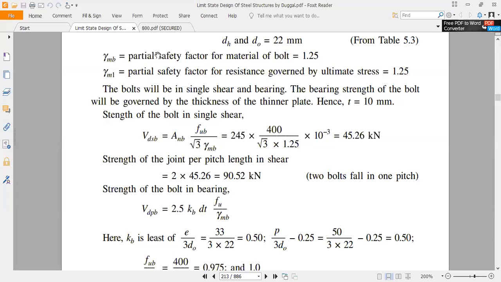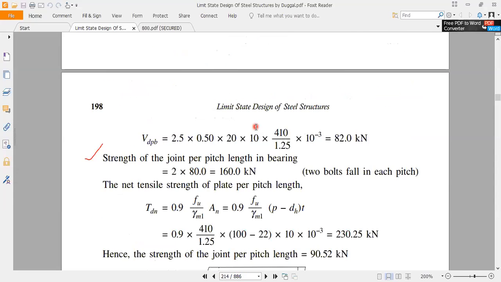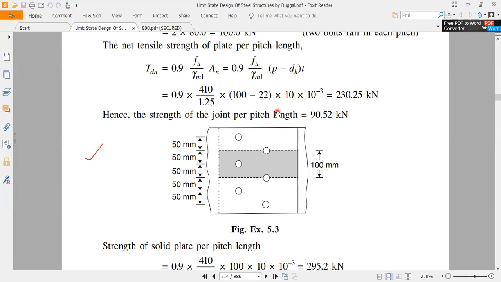Now what is written here: strength of joint per pitch length in shear. What is this strength of joint per pitch length? What is pitch? If you see that figure, in this connection this bolt and this bolt are spaced like this, and this is 100 millimeter, right?